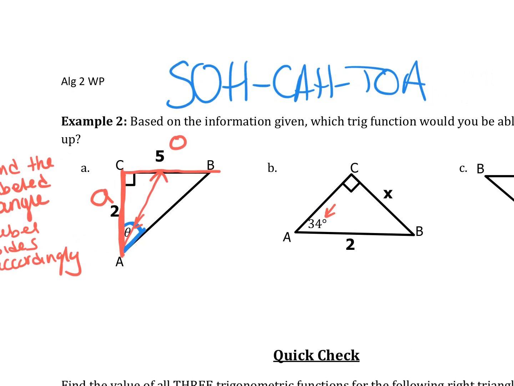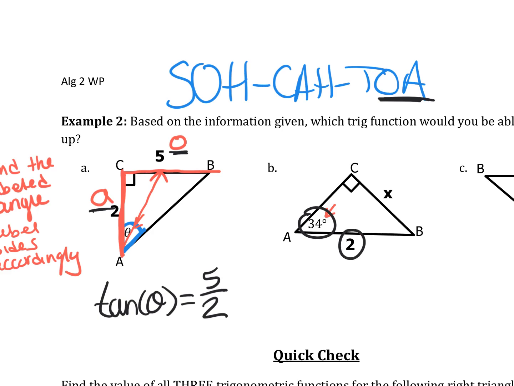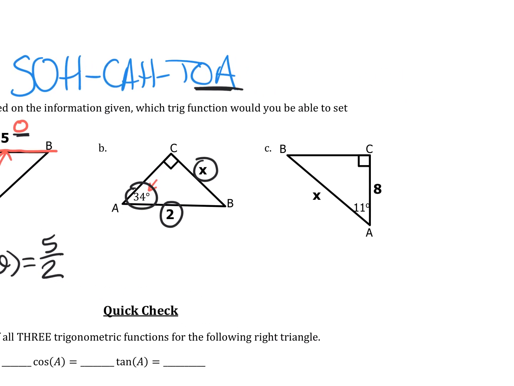Which trig function uses the opposite and the adjacent side together? That would be TOA, opposite adjacent, so that means we can use tangent of theta equals opposite over adjacent. Okay, so it's just using the labels that are given to figure out what trig function to use.